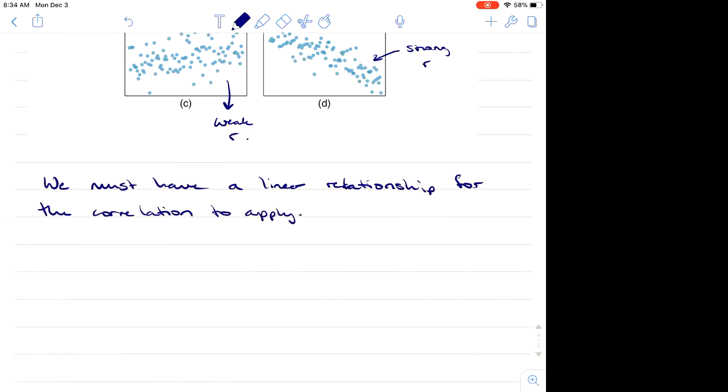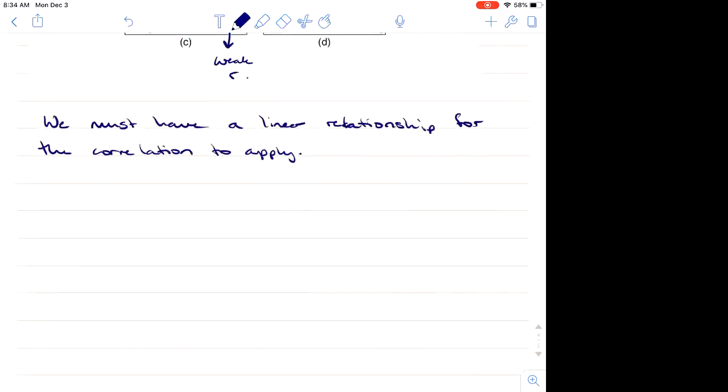Even if we have a linear relationship, correlation does not imply causation. Okay, so correlation does not imply causation.